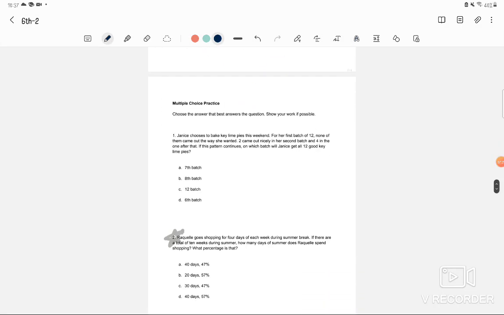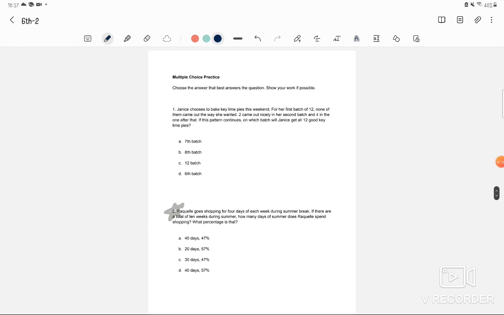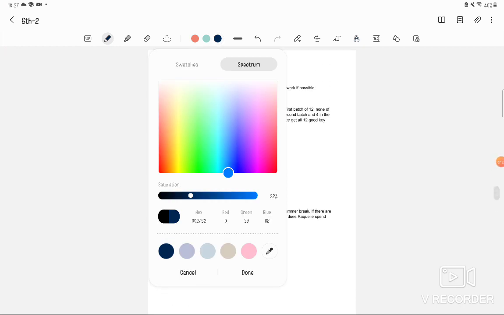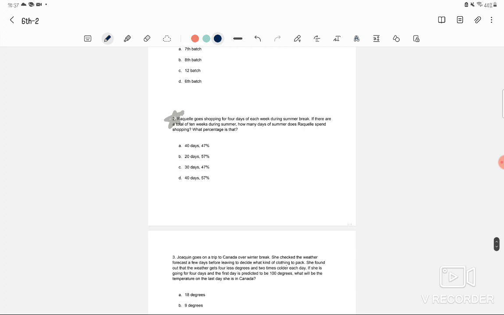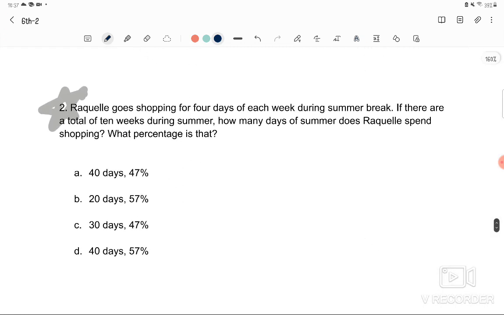Okay, I think we can move on to multiple choice practice. And let's do number 2. So Raquel goes shopping for 4 days of each week during summer break.